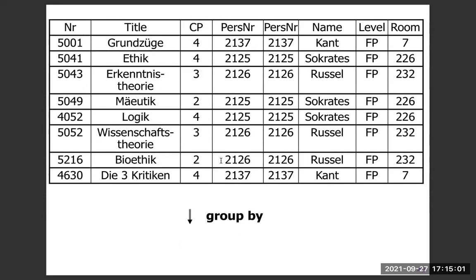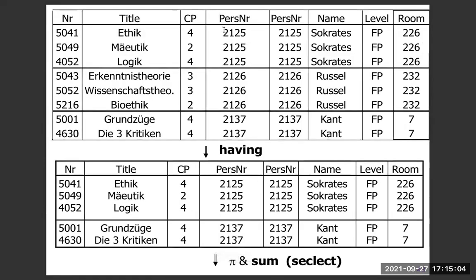And then we group it. If we want to group it by person number, we have a group for all the lectures by Socrates, all the lectures by Russell, and all the lectures by Kant. But we'll never see a table like this. If I want to see this table, I need to use order by instead of group by, and then all the records come to the output ordered by person number. So effectively the same thing. But if I want to group it, then I use having, and having retains only the first group with CP average greater than 3.